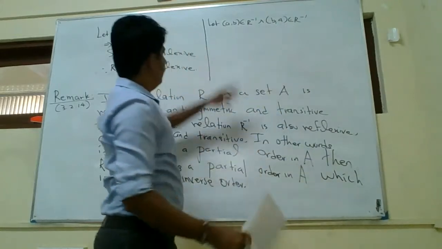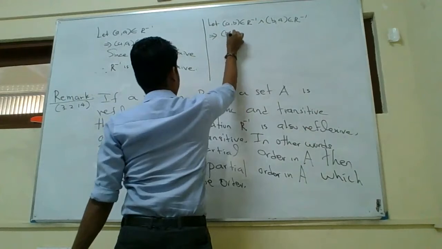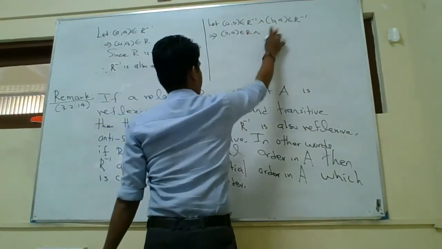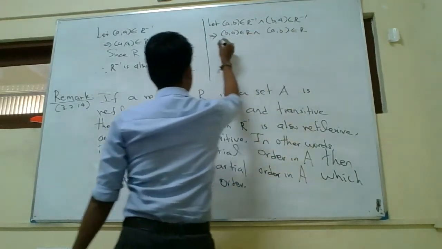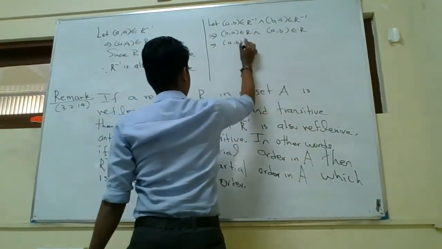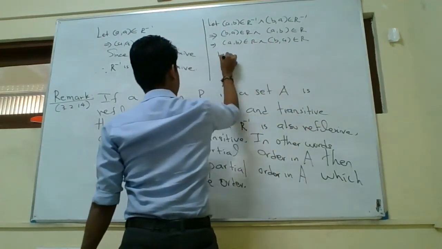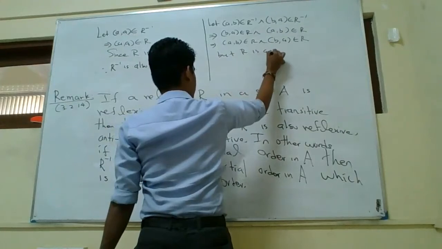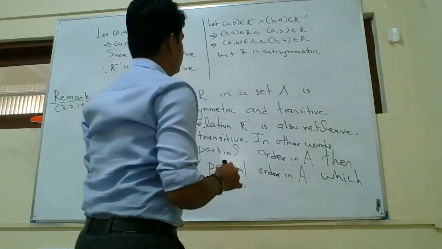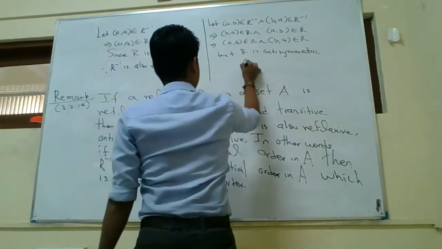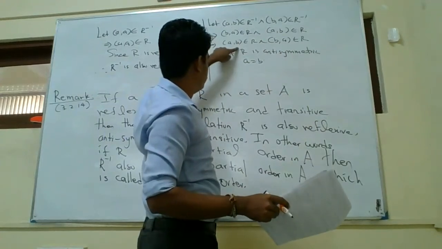You want to show that a equals b. By the definition of R inverse, (a, b) belonging to R inverse means (b, a) belongs to R, and (b, a) belonging to R inverse means (a, b) belongs to R. So (a, b) belongs to R and (b, a) belongs to R, but R is antisymmetric, which means a equals b.